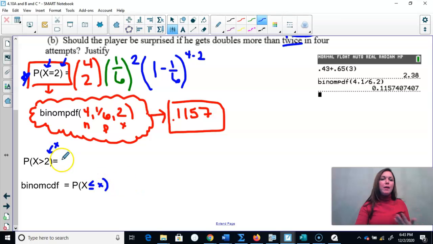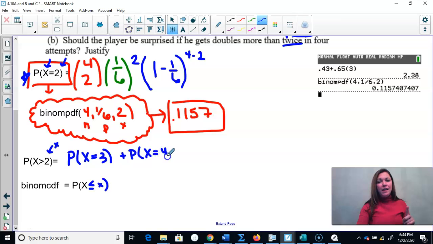So what we have to do is manipulate this statement so we can use the calculator. I mean, we could use the calculator this way, because the probability that x is greater than 2 is the probability that x is equal to 3 or the probability that x is equal to 4.